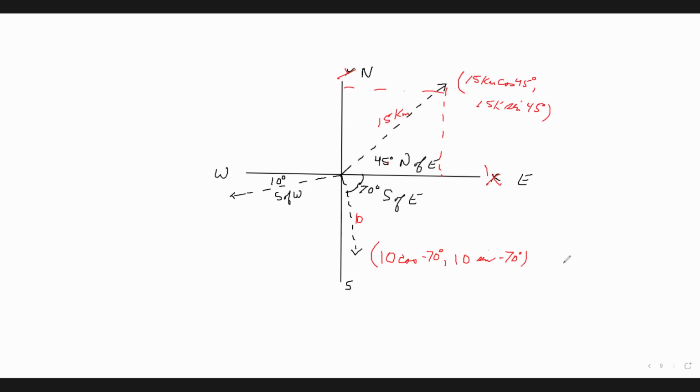So, how do you manipulate vectors? Well, how do you add vectors? Well, you add vectors by adding components.